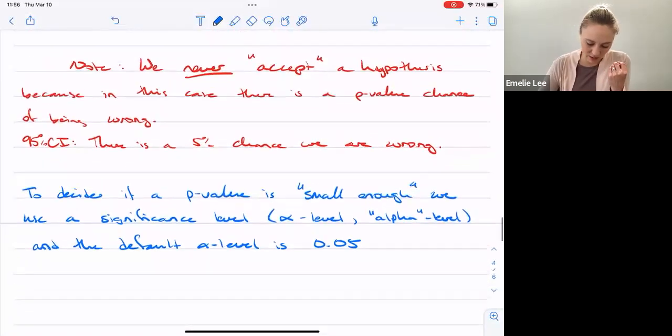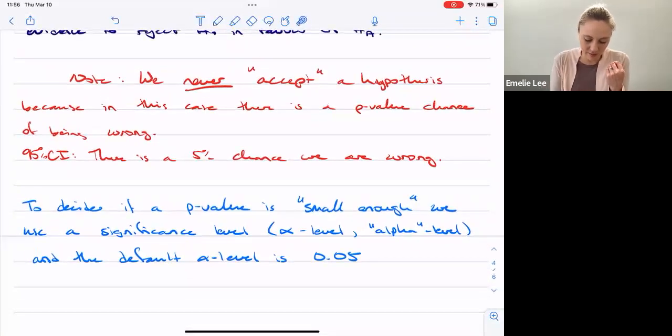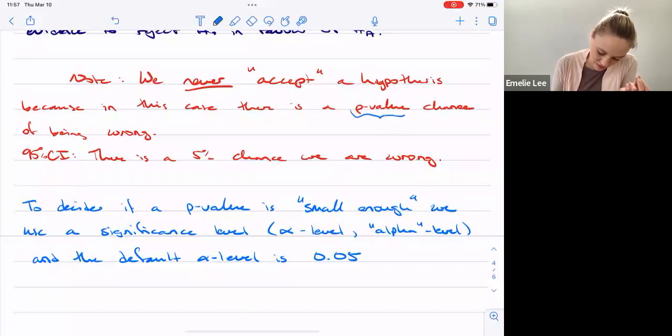Okay. So I'm just going to tweak this just a little bit, right? We never accept a hypothesis because in this case, there's an alpha level chance of being wrong, right? We're allowing a 5% chance of being wrong, right?